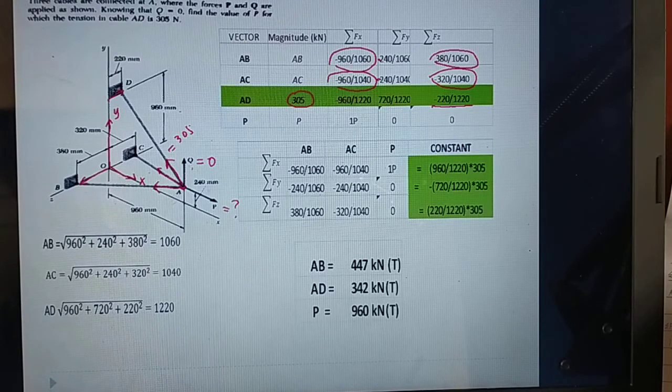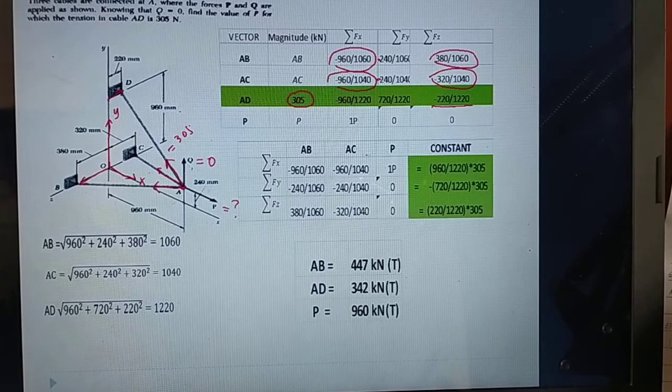So I rearrange it in the horizontal manner. The columns become the rows. So I enter it into the calculator and proceed. The constant is the magnitude of AD. So along x, that is 960.